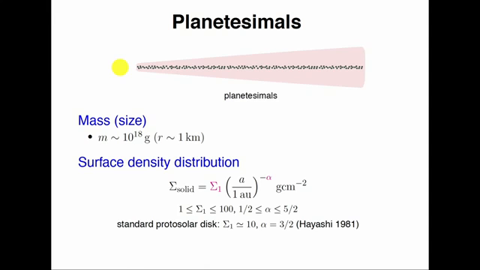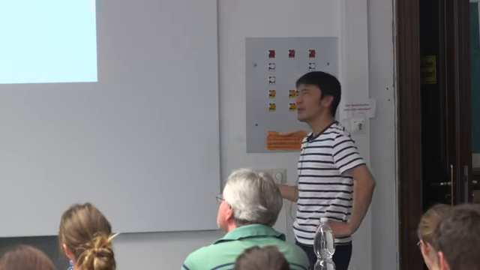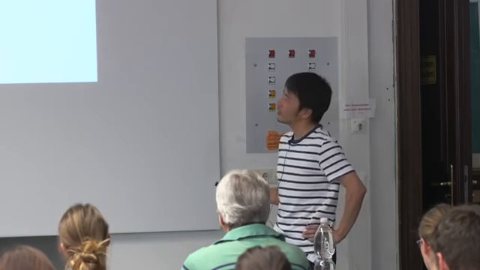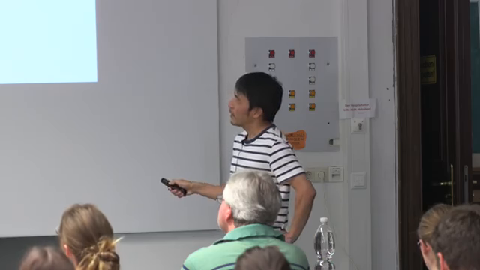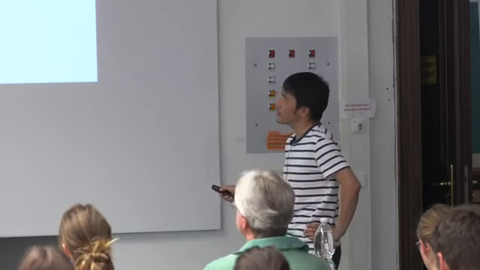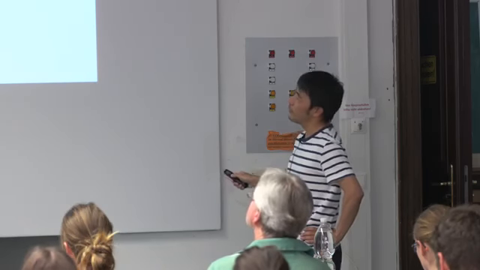If the gravitational instability takes place, then we can estimate the mass of the planetesimals from the critical wavelength of the instability, which is about 10 to the 18 kilograms. Assuming a density of 2 to 3 grams per cc, the size is about a kilometer. For later use, we introduce this surface density distribution of planetesimals by this power law formula.